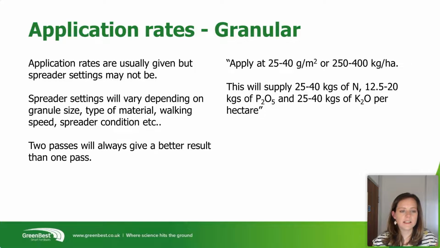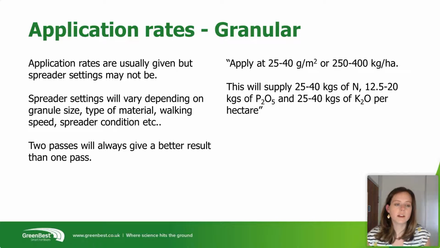Granular is a little bit easier because obviously it's just apply a weight over a certain area and there's no water to worry about. So we generally always provide application rates, but we don't necessarily give the spreader settings, although in the SmartLawn we do provide spreader settings for pretty much all of the granular fertilizers.